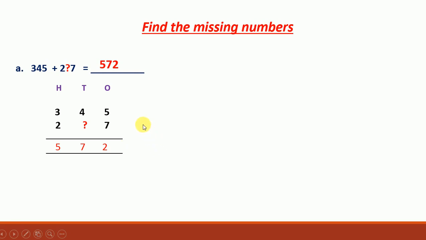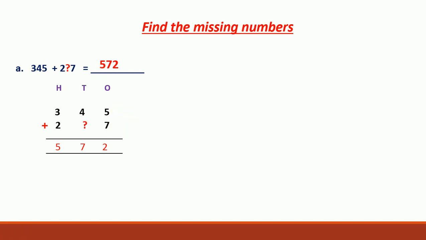Write the numbers in the column method, and as we already know, we need to start adding from the ones place, isn't it? So in the ones place, in the first number there are 5 ones, and in the second number we have 7 ones.